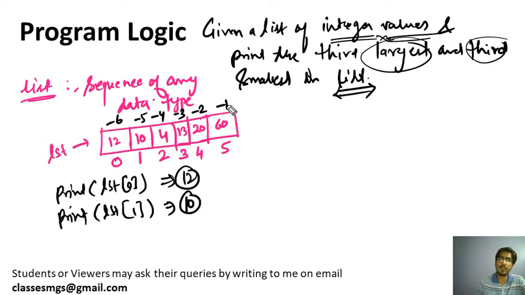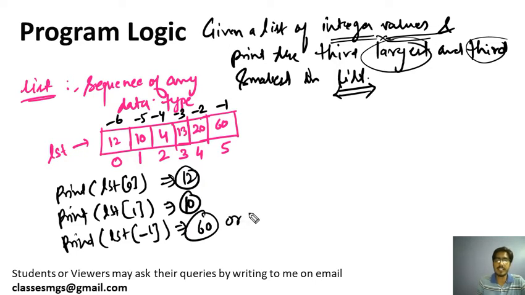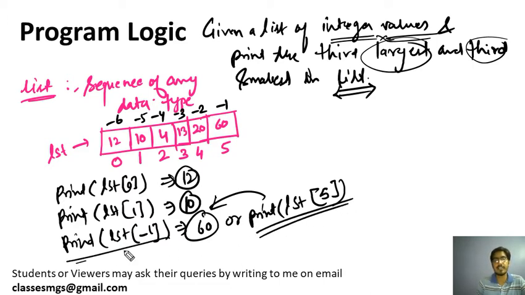Let's suppose you want to print the last element of the list. You can write lst[-1], then it will print the last element. Or you can also write print(lst[5]), the 5th index, then it will print the same 60. So there are two ways to access the value in the list.